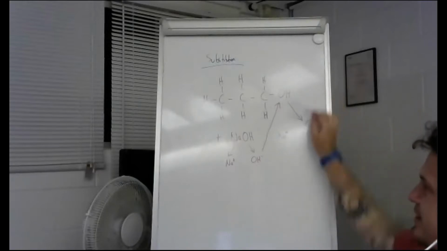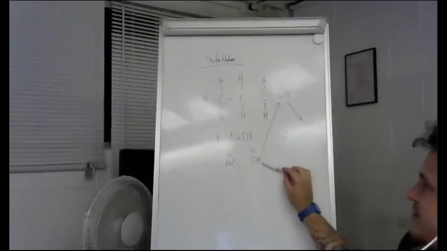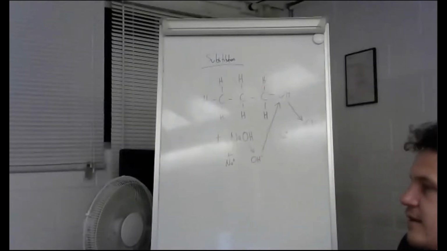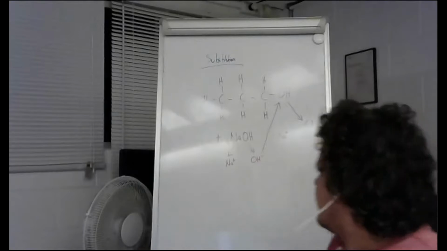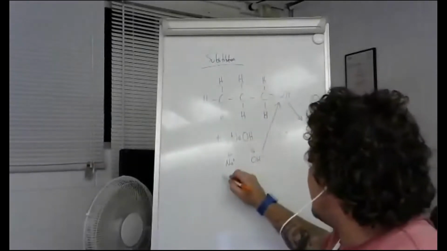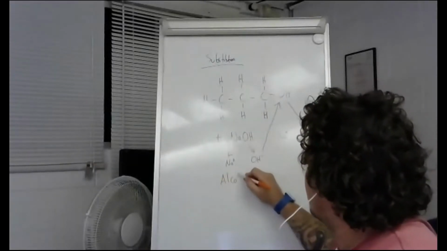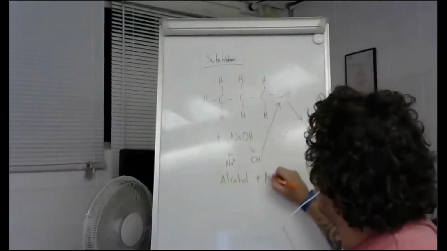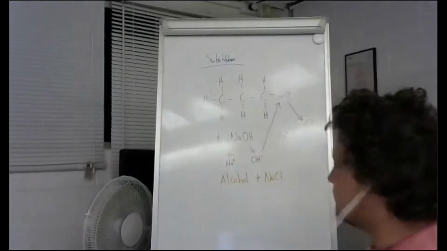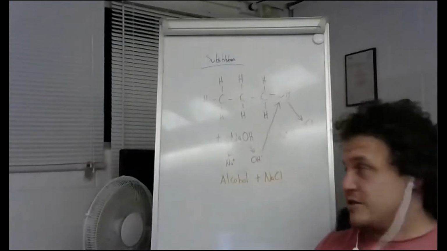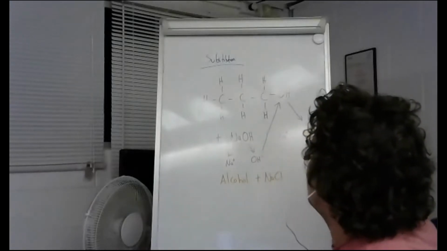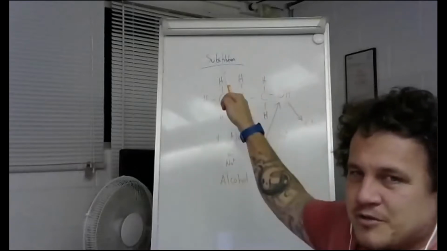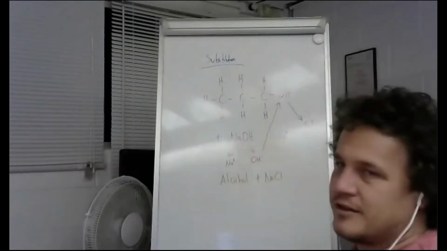We've got chlorine on the end. We have OH minus. We know that OH minus is an alcohol. So we end up with an alcohol plus sodium chloride. So we can produce an alcohol from a haloalkane by a substitution reaction with sodium hydroxide.